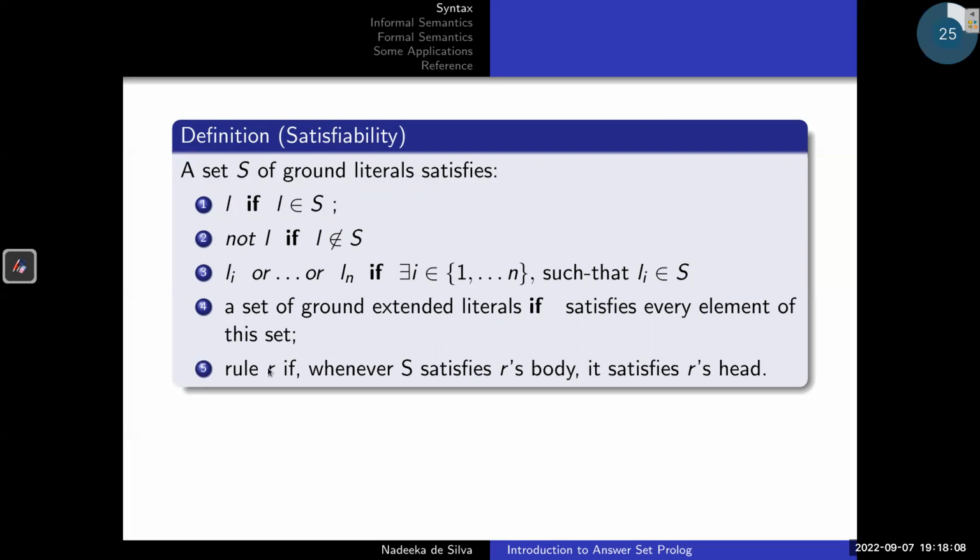S satisfies a rule if whenever S satisfies the body, it satisfies the head of the rule.